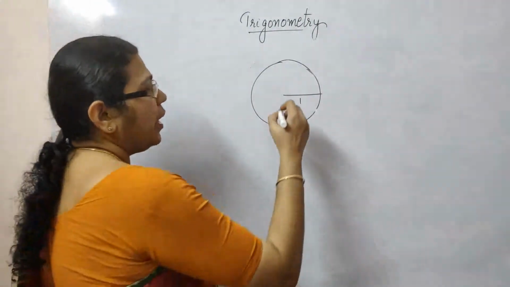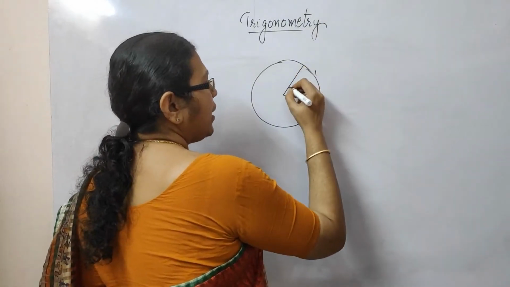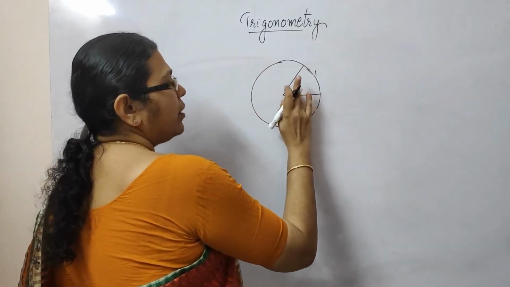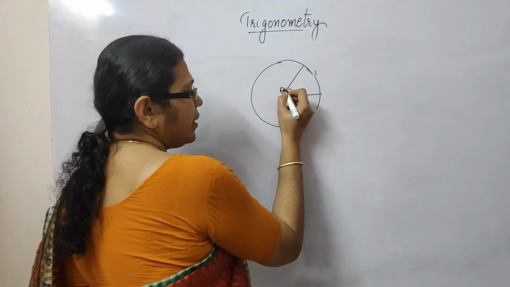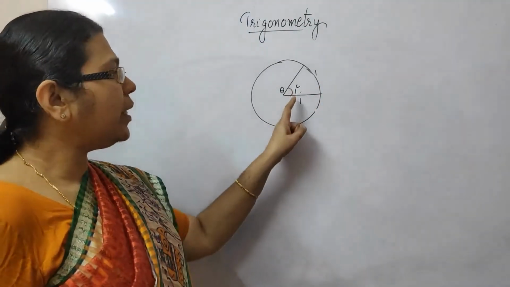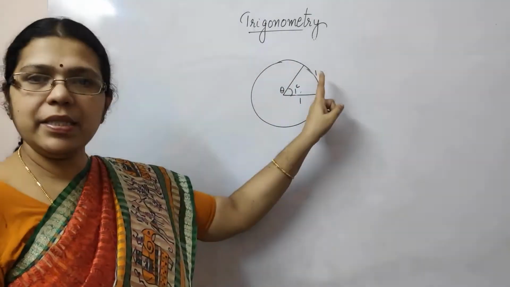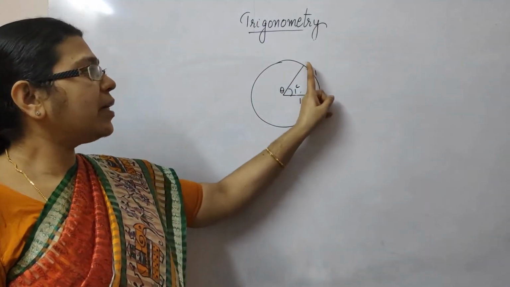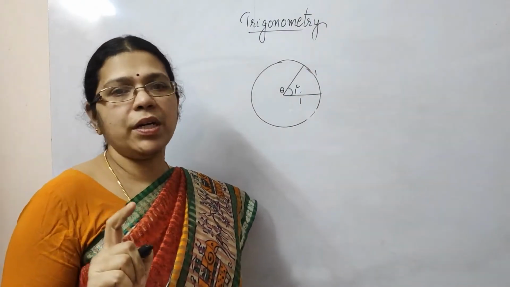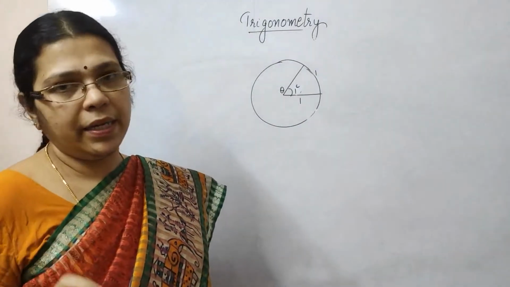And with an arc length of 1 unit again, the angle subtended here is 1 radian. I write this angle subtended here as theta, and this is 1 radian measure. So 1 radian is the angle subtended by a unit circle when the arc length is 1 unit. When the arc length is 1 unit, the angle subtended at the center is 1 radian.